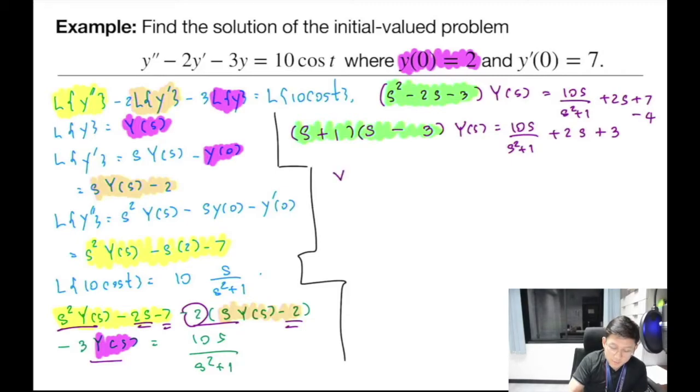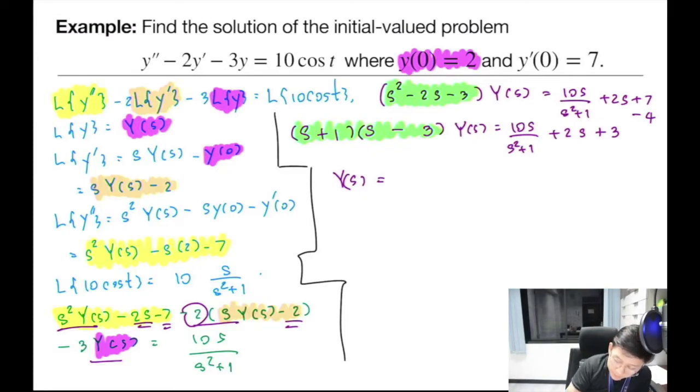And then we have that Ys is actually we just need to divide this thing by s plus 1 and s minus 3, right? We need to divide the whole thing by s plus 1 and s minus 3.